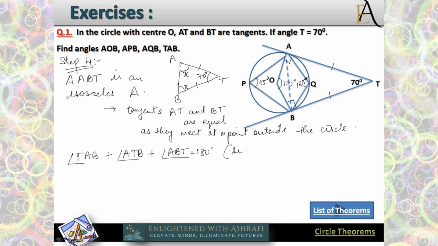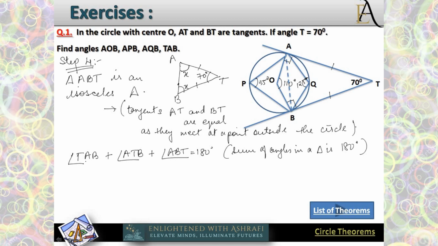That is, sum of angles in a triangle is 180 degrees.